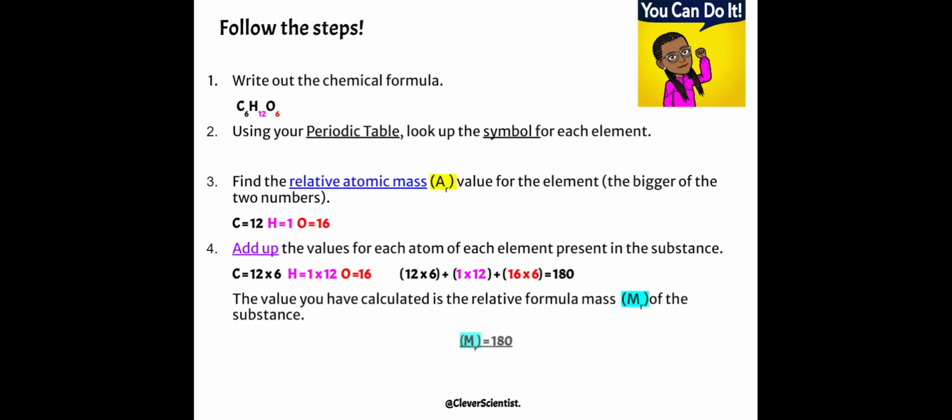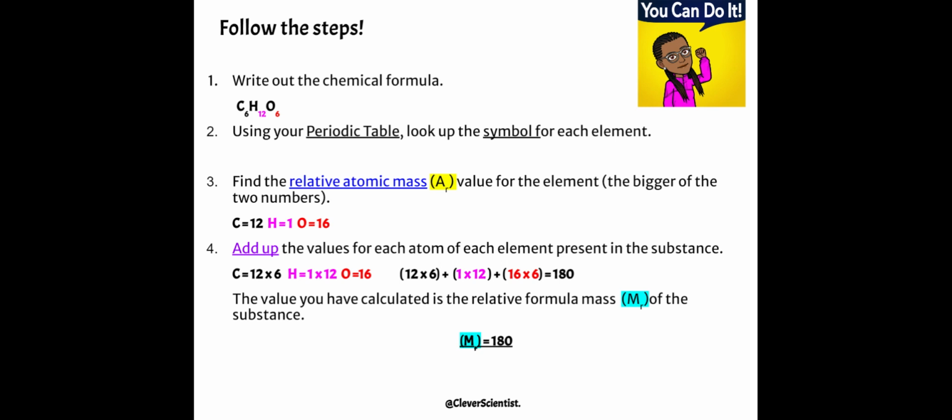So there you can see how you should set your working out down on your exam paper, and you can see that the relative formula mass for one molecule of glucose is 180. Easy peasy lemon squeezy.